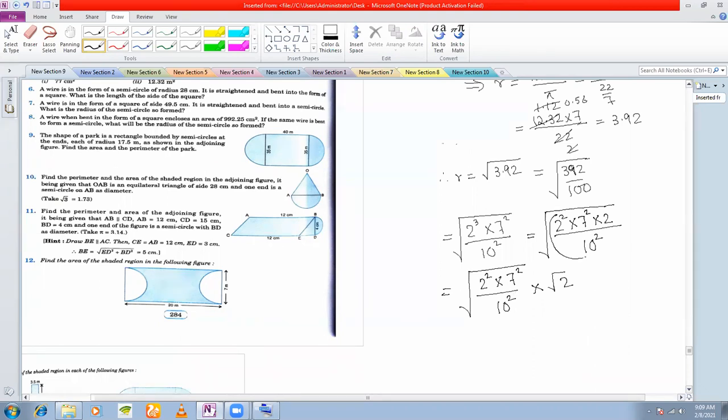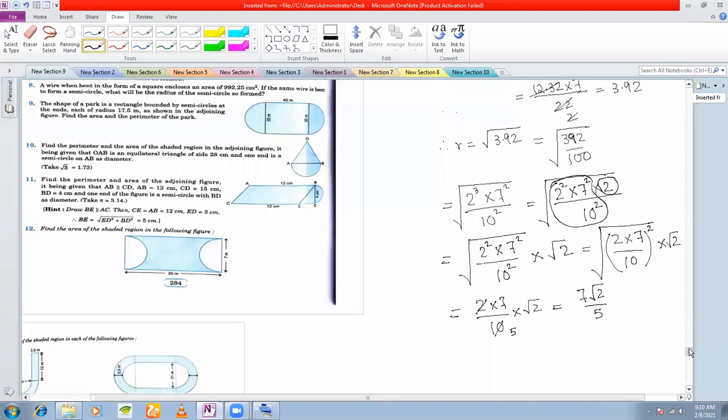So this becomes 2 into 7 by 10 whole square into root 2, which is simply 2 into 7 divided by 10 into root 2. Now you can cancel here. You get 7 into root 2 divided by 5. So this is the radius we are getting from the area.